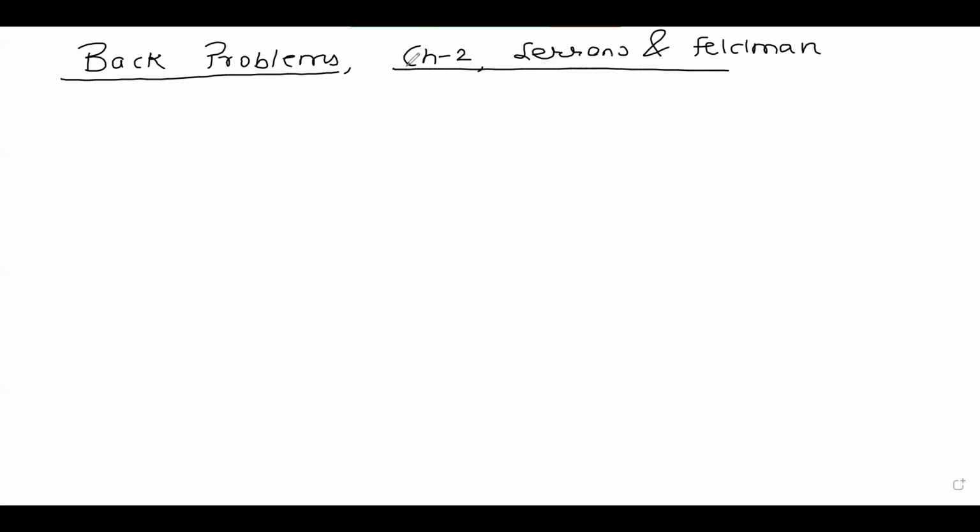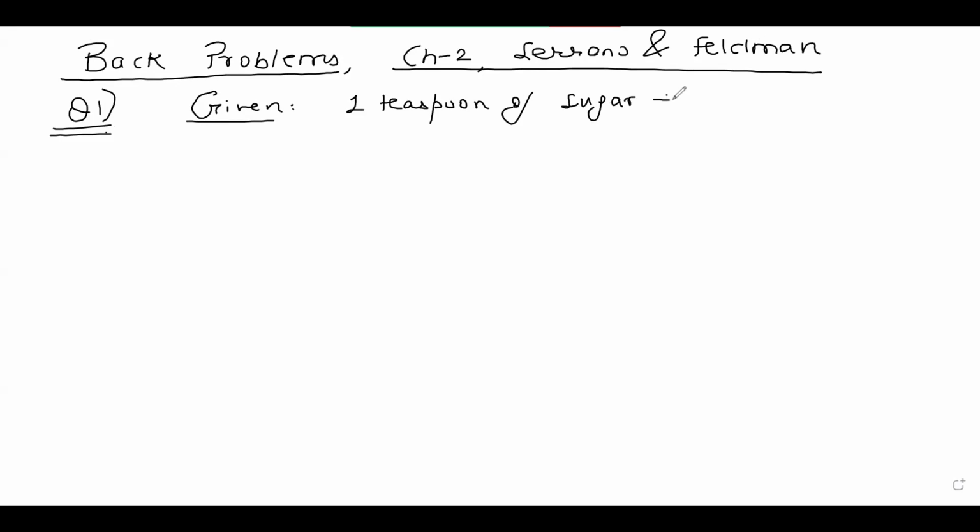So we are looking at problem number 1. Now understand this. We are given that 1 teaspoon of sugar contains 6 grams of sugar.